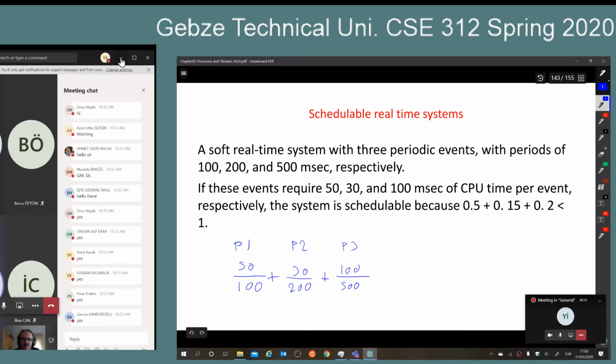This is 0.5 and this is 0.15 and this is 0.2 and the total is 0.85. So 0.85 is less than 1.0. So this is schedulable. Good. So a schedulable real-time system is like this.